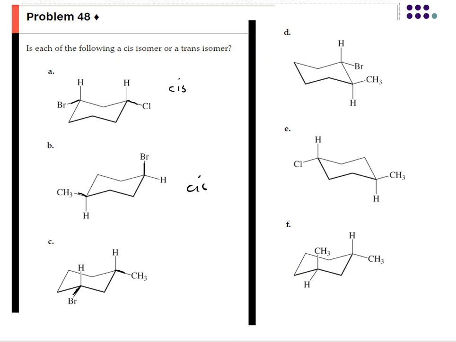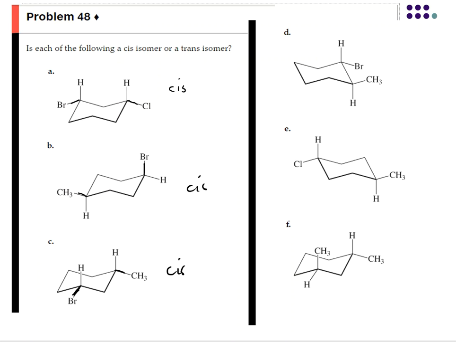So just in case you had confusion on the direction of that bond, that's the way that you can do it. It always alternates. So this is down, and this one would be up, and this one would be down. This one's slightly down, that one's slightly down, so therefore that is the cis notation. They're pointed in the same direction, right?